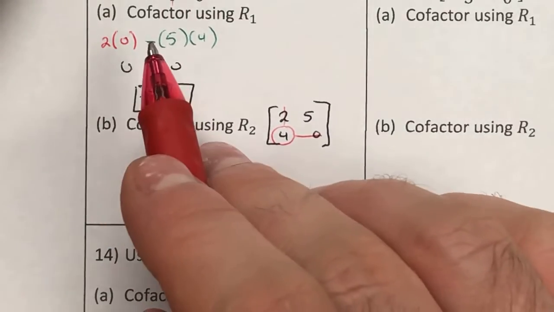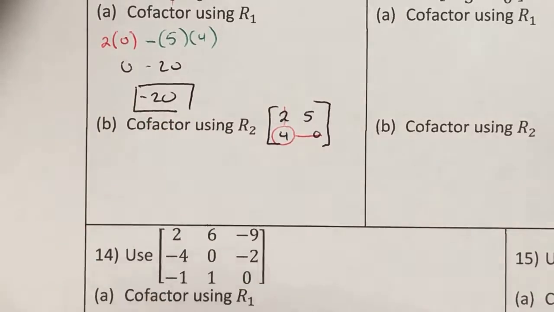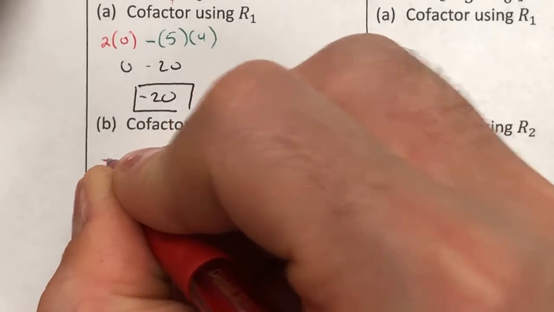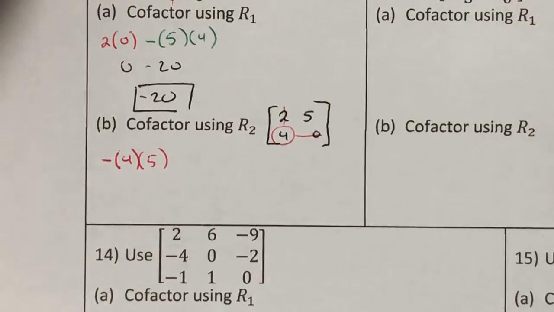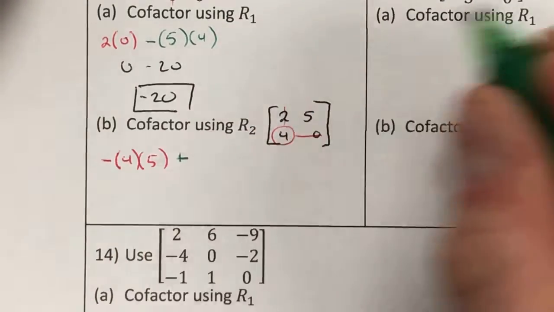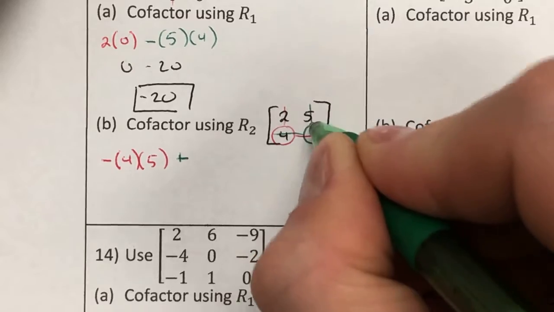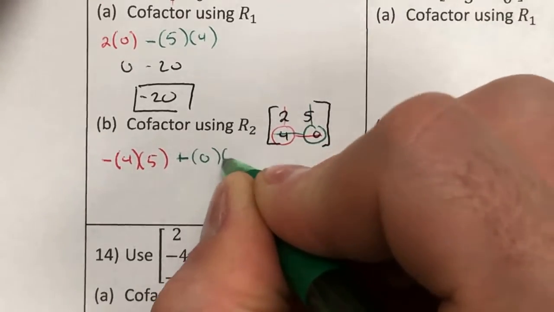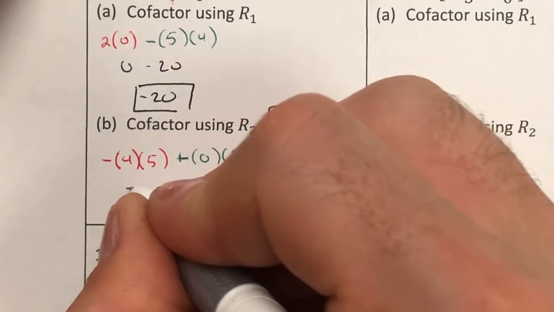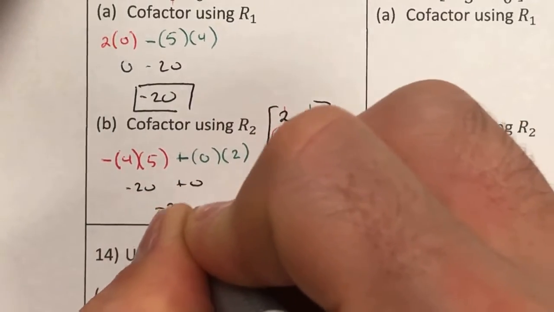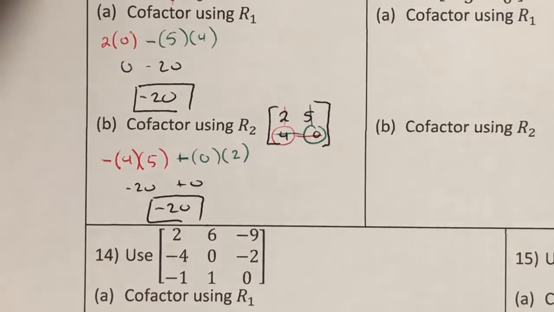So instead of saying subtract here, I'm going to make the negative out front. So it is going to be a negative 4 times 5. And I'm going to keep the same sign of 0 times 2. So that'll give us a negative 20 plus 0, or negative 20.